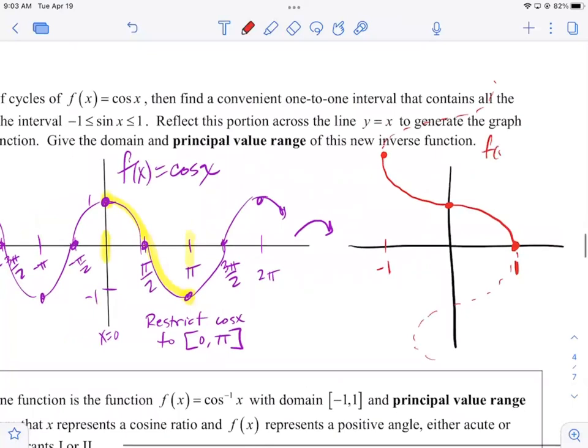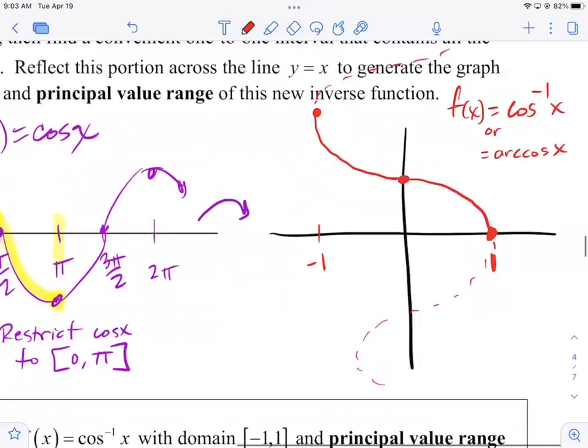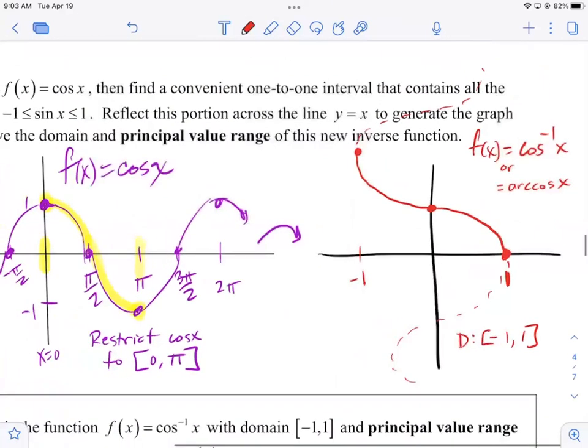So this is the function inverse cosine of x. And we can also say arc cosine of x with two c's, either one. The domain is going to be the same as it was for arc sine, -1 to 1. Just like sine, the cosine ratios have to be between -1 and 1. Otherwise, you're saying the hypotenuse is not the largest side.